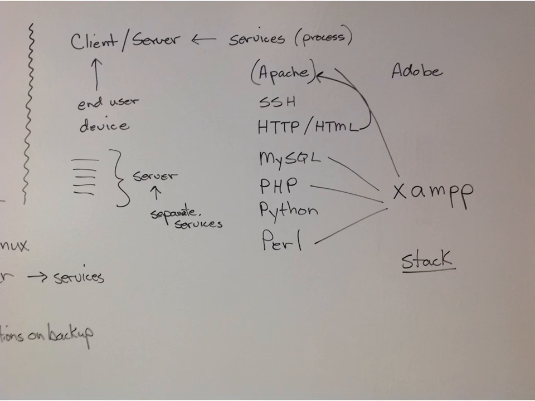Okay, client server. So, client, end user, or device. Okay, there are all kinds of devices in which we gather services from servers. Apache web server, we talked about that.